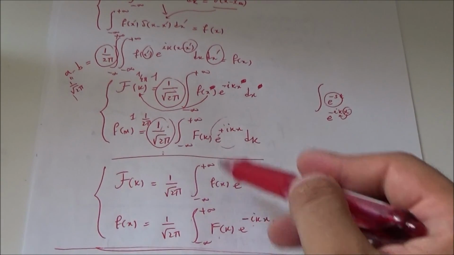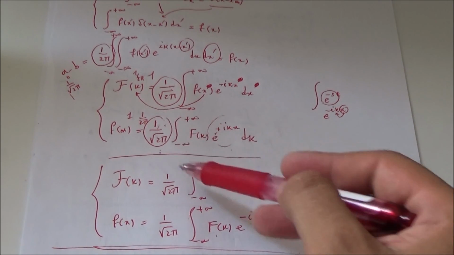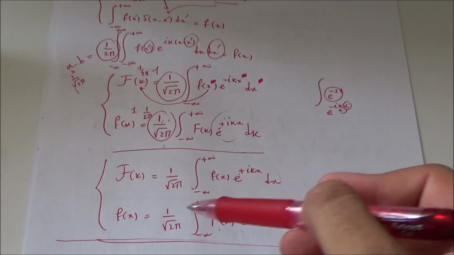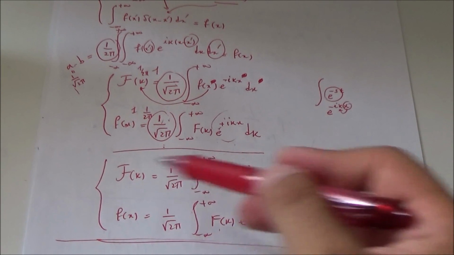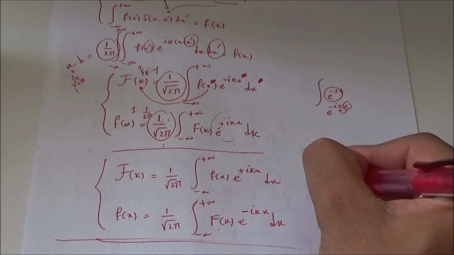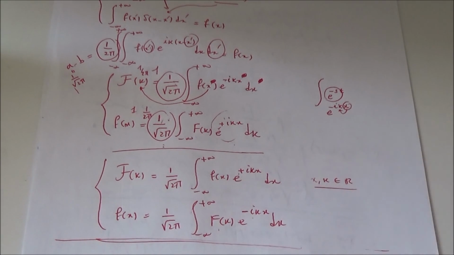In fact, this is called the Fourier integral theorem. So you now know the definition of the Fourier transformation of any function in one dimension. In fact, x and k are one-dimensional variables.